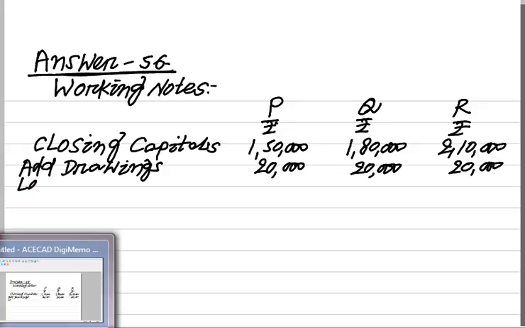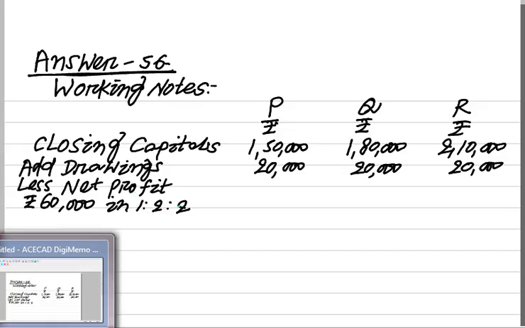Less net profit. Here, the net profit given in the problem is rupees 60,000, which has been credited to the partners in their profit sharing ratio of 1:2:2.